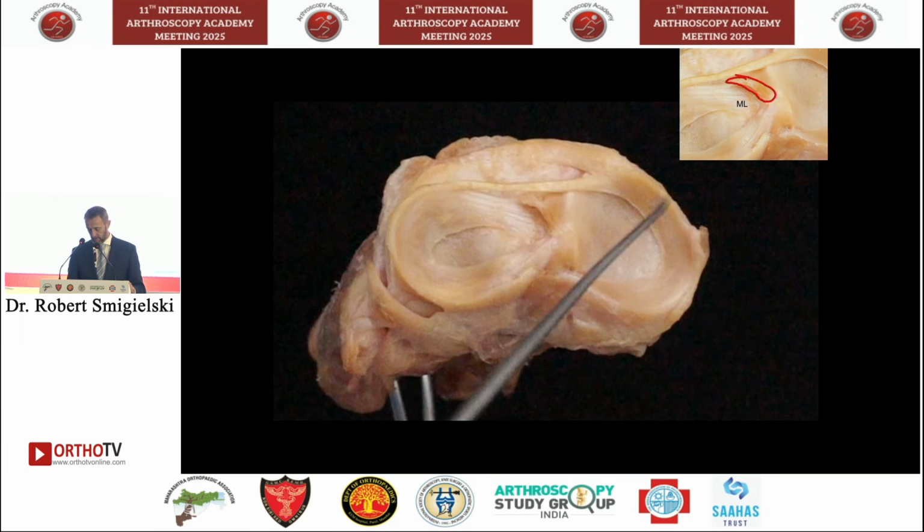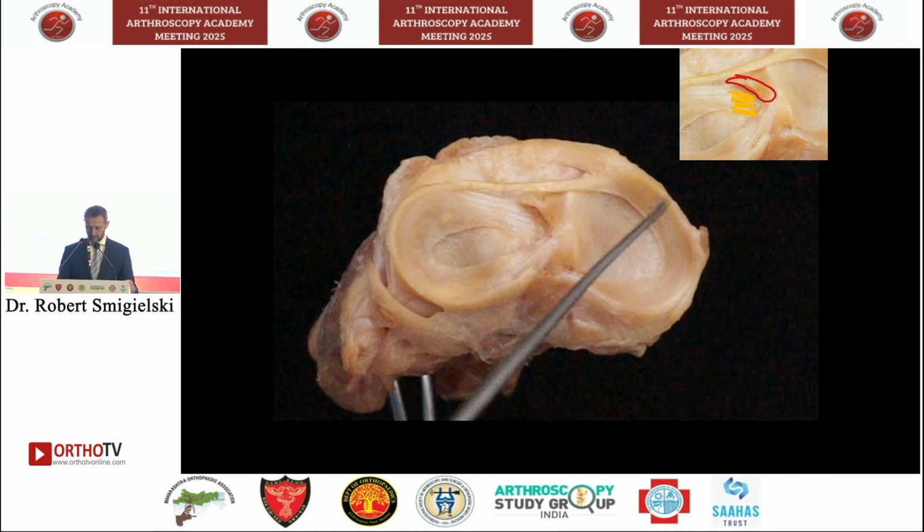There is the ACL, and here is the anterior root of the lateral meniscus. It means they are not at the same place. From the anatomical point of view, there is no space for both attachments in round attachments.